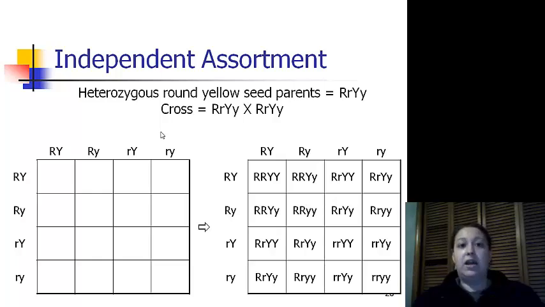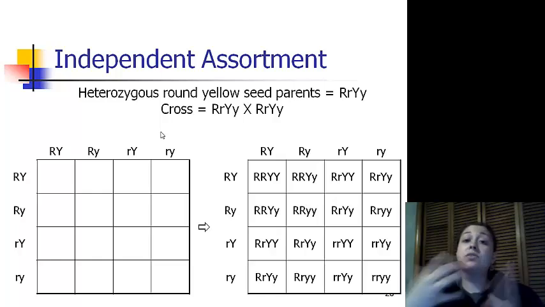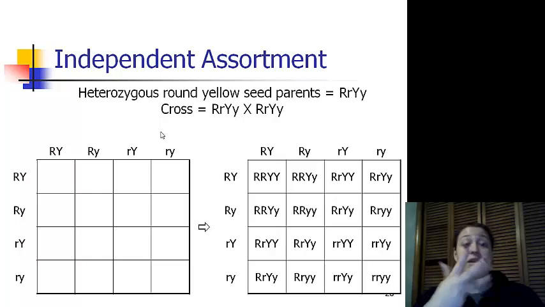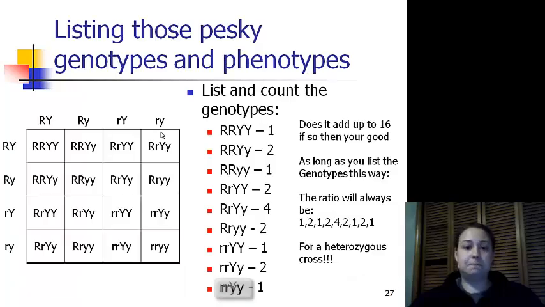That's half the battle. The other half is going to be giving us the genotypes with the ratio and the phenotypes with the ratio. You really want to use ratios now because it's not a nice number with 16 boxes to give percents. So you want to give us a ratio, and again, that's just counting the numbers of how many there are. So let's take a look at this.